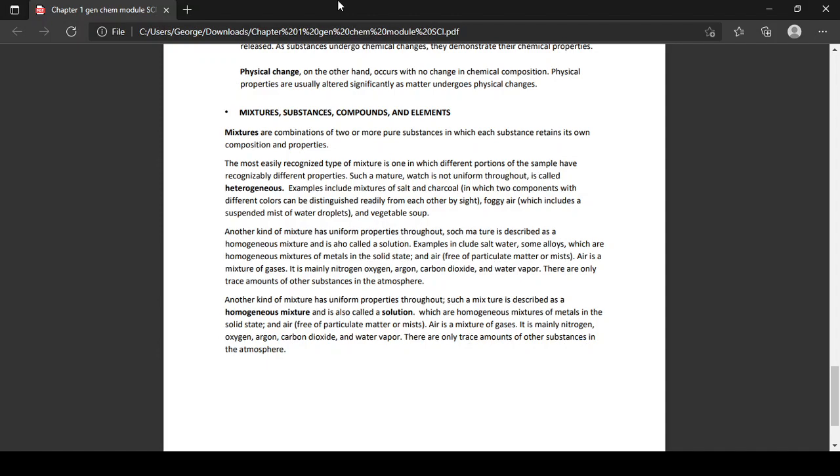Again, pure substances can be found in the periodic table of elements, because pure substances are considered elements. They cannot be broken down into simpler substances. Our water can be broken down, can it be separated further? Yes, because our water contains two hydrogen and one oxygen.